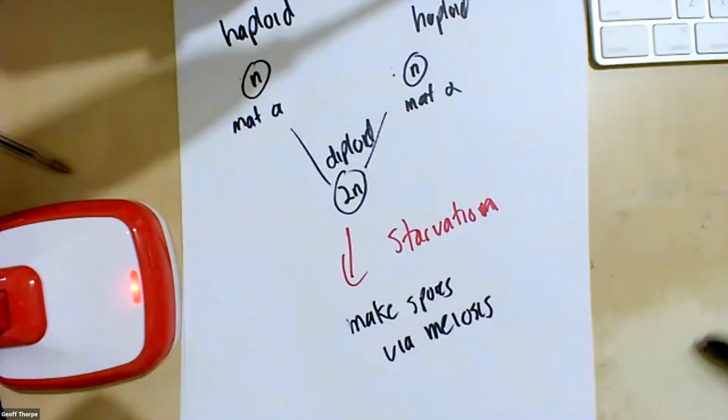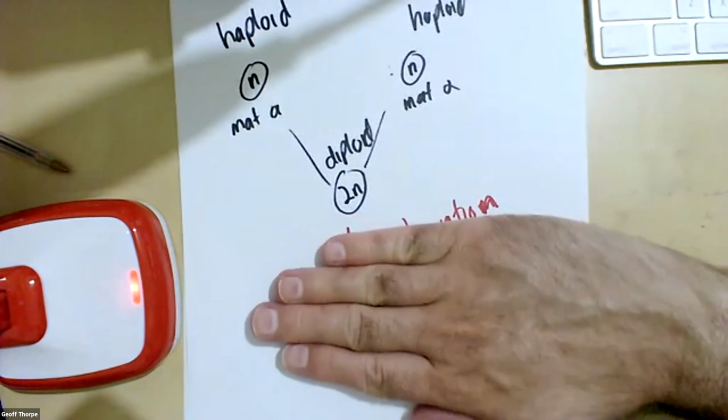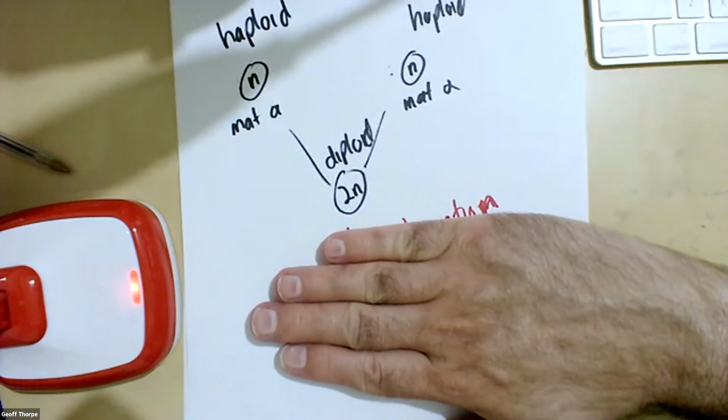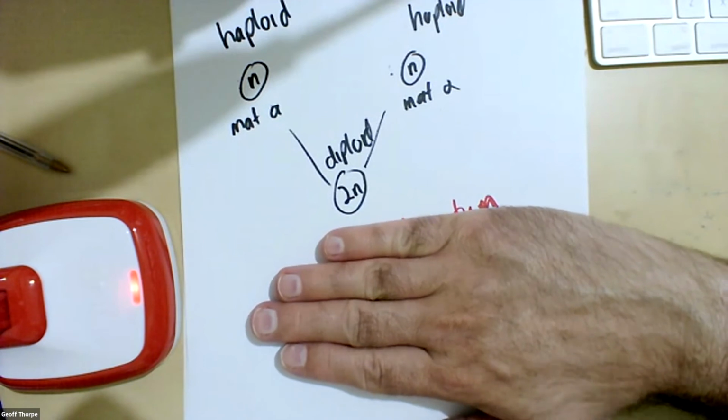So if we forget about the starvation, let's think conditions are good. And if we think back to asexual reproduction, one of the advantages of asexual reproduction is simply that it does not have to expend extra energy or effort on sexual reproduction. If conditions are good, there is no need for genetic variation because it can cope with everything and everything's going fine.